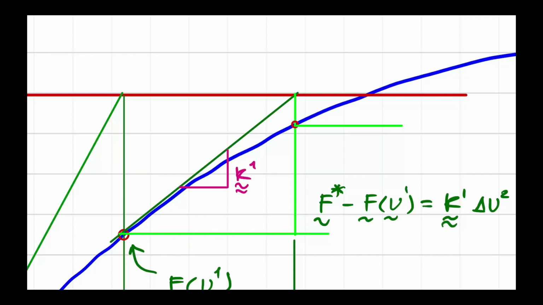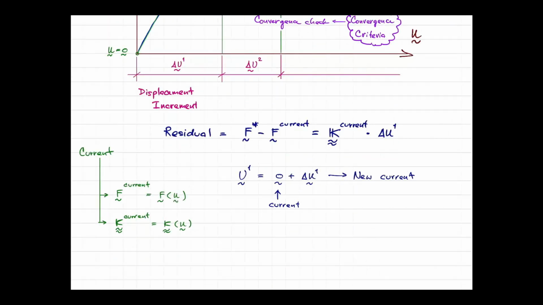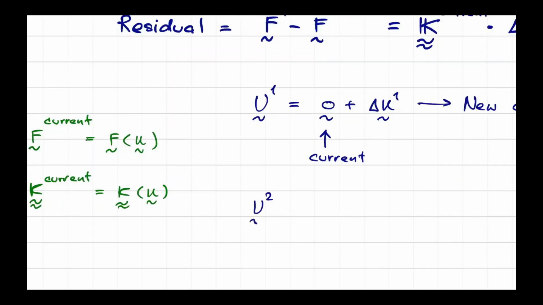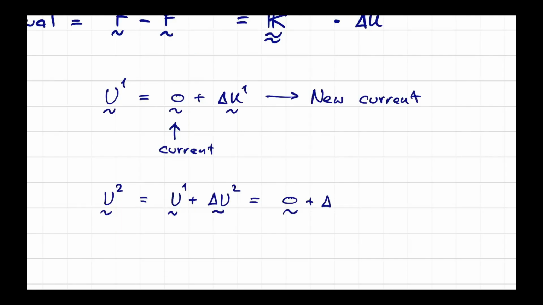The new current is F at U2. Be noted that U2 is equal to U1 plus delta U2, that is equal to 0 as the original current plus delta U1 plus delta U2.